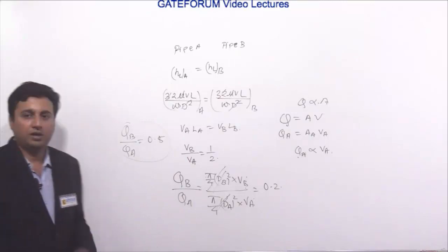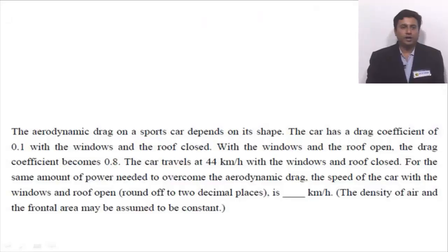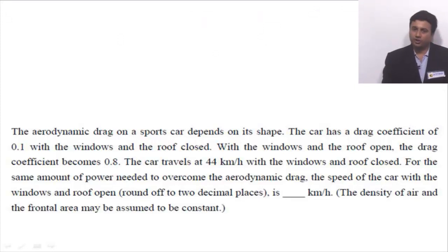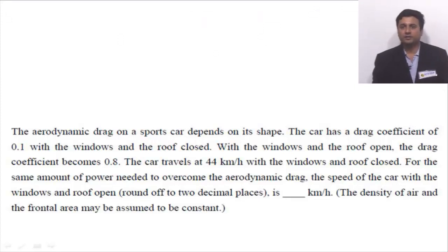Thank you for now. Next question. The aerodynamic drag on a sports car depends on its shape. The car has a drag coefficient of 0.1 with the windows and roof closed. With the windows and roof open, the drag coefficient will become 0.8. The car travels at 44 km per hour with the windows and roof closed.